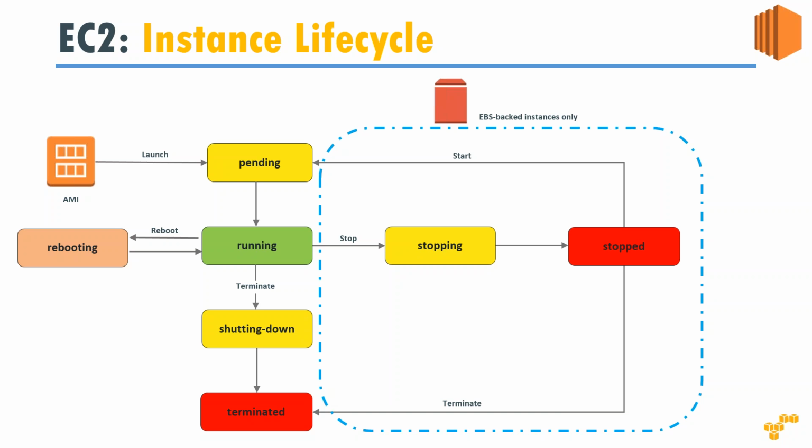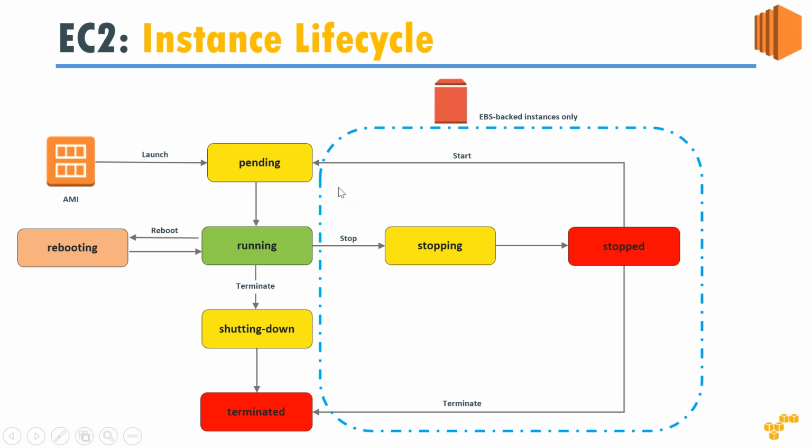You can ask Amazon through an API call, what is the status of my server? Is it pending, or is it shutting down, or is it stopping? Based on the response that you get, you can trigger some actions, either a recovery action or a snapshot action, depending upon your requirements.